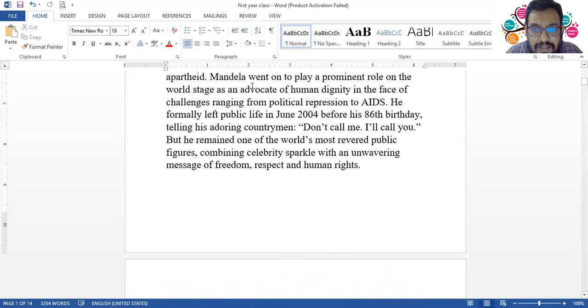We come to this line: Mandela went on to play a prominent role on the world stage as an advocate of human dignity. That means he worked for human dignity in the face of challenges ranging from political repression to AIDS. That means Mandela always fought against any kind of social anomalies and odd things in the society.